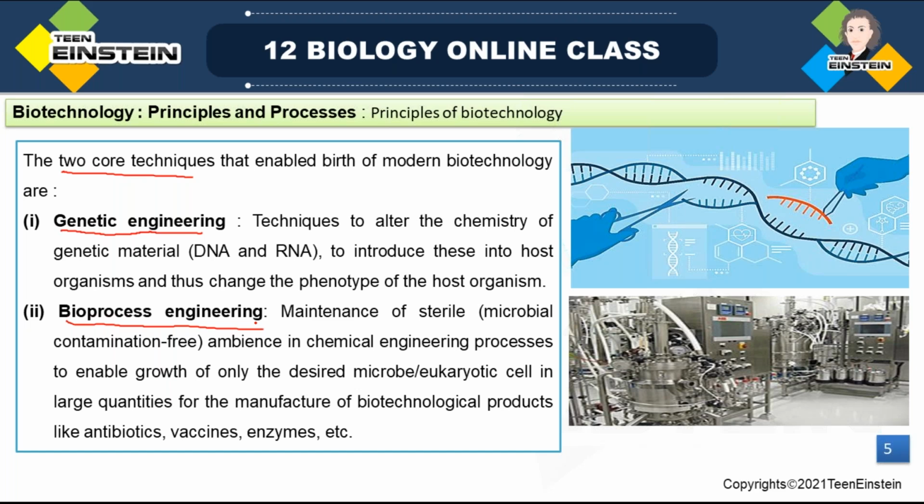Genetic engineering means engineering in the genetic material, that is, making alterations in the genetic material. Bioprocess engineering means the growth of microbes and the production of antibiotics, enzymes and so on, on a large scale. That is, making use of different biological processes on a large scale.